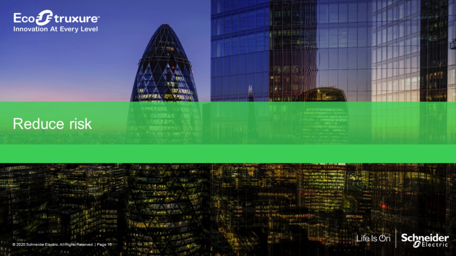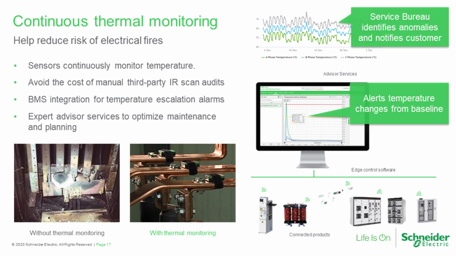So the first area I want to cover is the area of reduced risk, and we'll pick one of the use cases in our application stack. This is related to thermal monitoring technologies, which continuously look at temperature measurements inside critical power infrastructure. If you look at the way this is done today, traditionally it relies on third-party infrared scans.